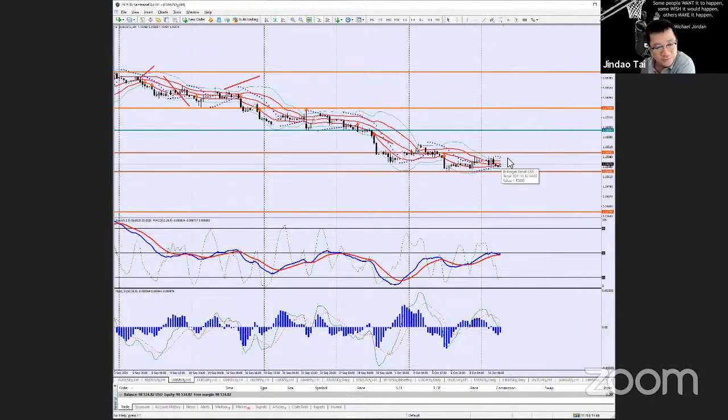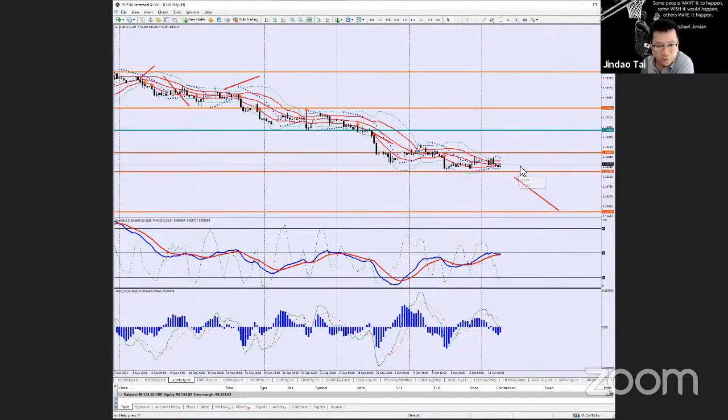Despite its moving up and down, I'm looking for it to break below this 1.1530 level, and looking for that selling opportunity towards the 1.1379 support level.